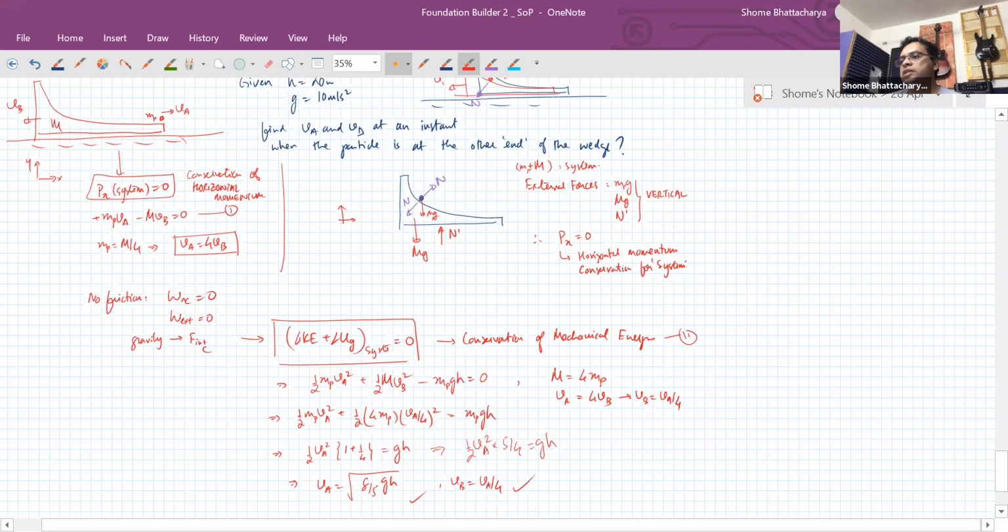So take it to the other side and it will become like this. Is it clear now, Bhargav? Yes, sir, getting it. And I think I had given the value of H as 20 meters and g is 10 meters per second square. So you can just substitute, you will get the numerical answer. And VB will be 1/4 of that because we have already established this ratio, the momentum conservation.